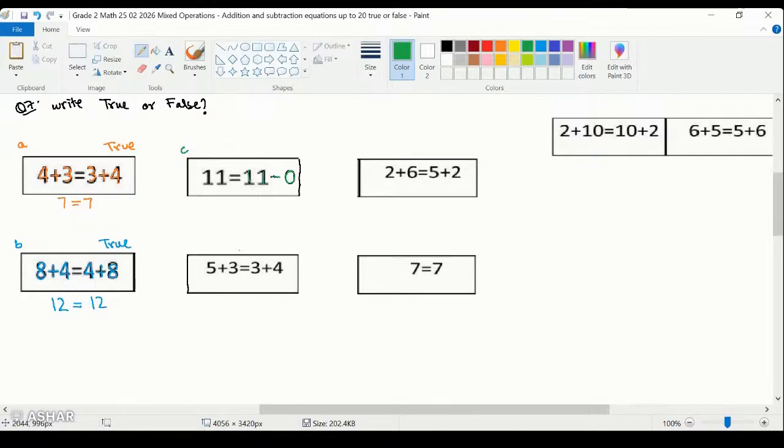If 0 is subtracted from any number, we know that it stays as the same number, right? It does not change. Agreed? So 11 minus 0 is 11, and this side was already 11. And we can say they both are equal, therefore this statement is true. Agreed?